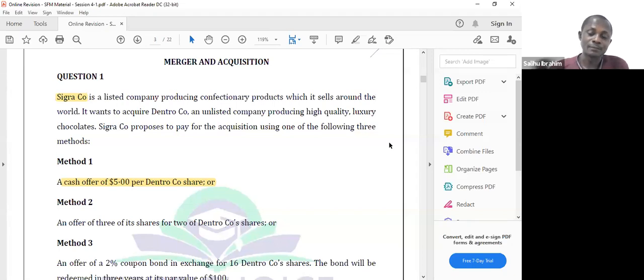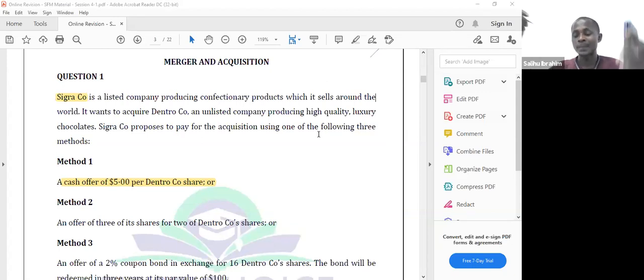It means a share that is worth 4.5 is being bought at 5. So the shareholders of Dentroco will be gaining 50 cents on each of their shares.